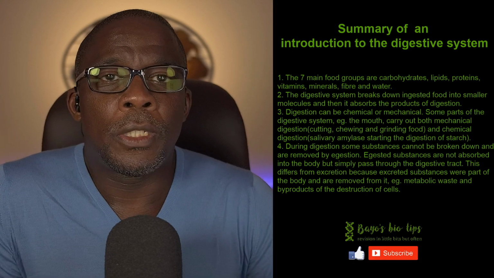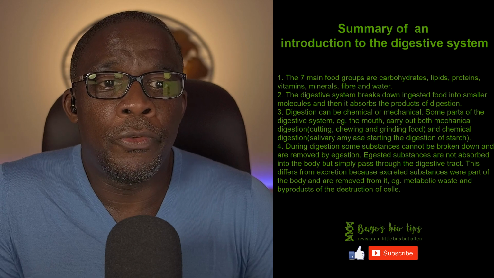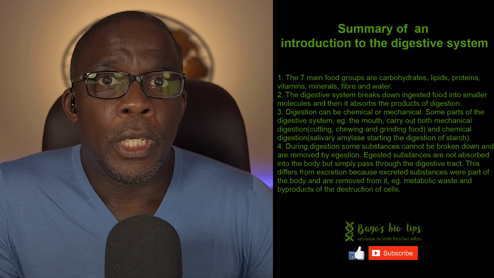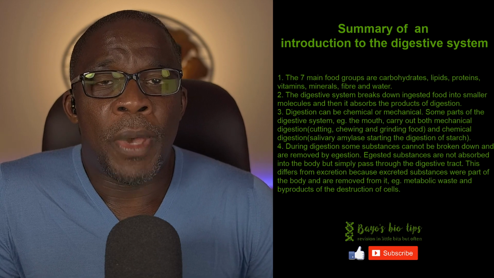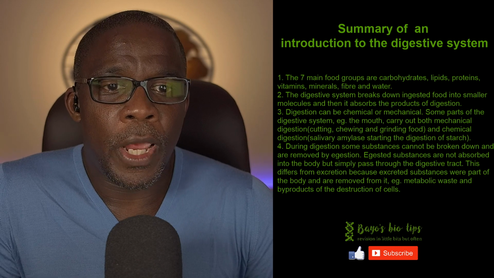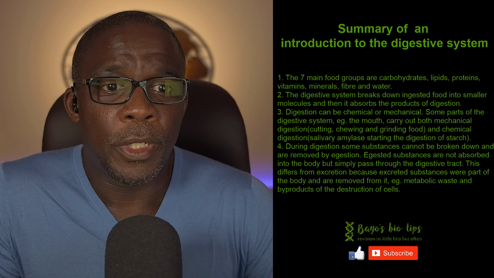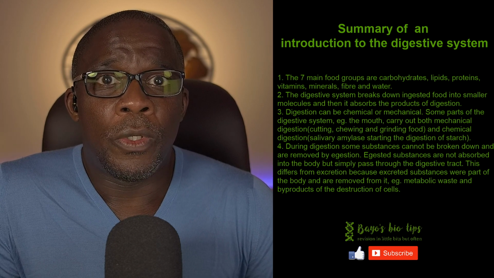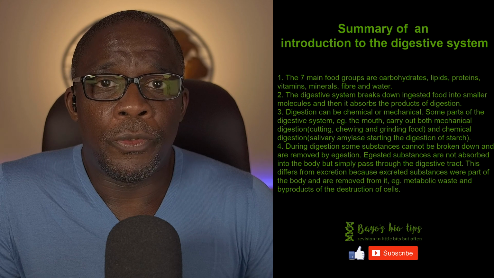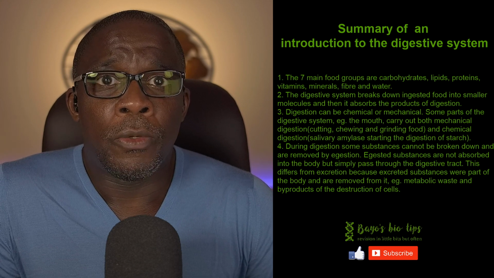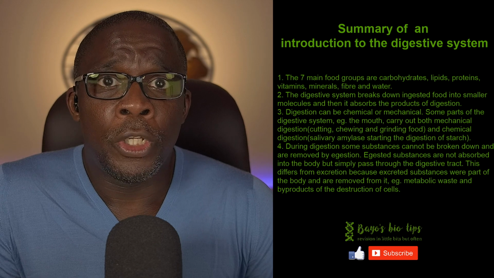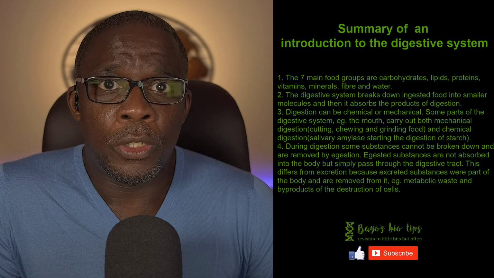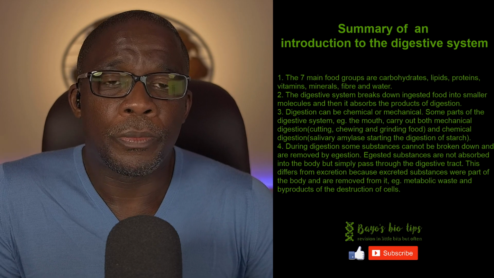First we started off by looking at the 7 main food groups, all of which we need in varying amounts in order to have a balanced or healthy diet. Then we talked about the digestive system and its functions. In order to get all of those nutrients from the 7 main food groups, we need to break down food, which is often large insoluble molecules, into small, usually soluble molecules for absorption.